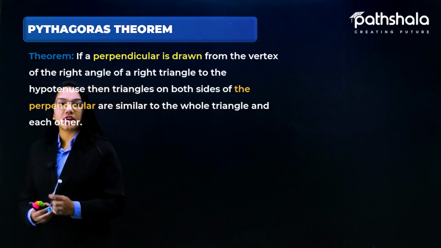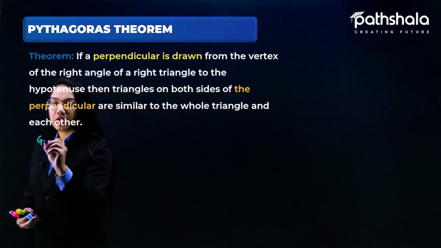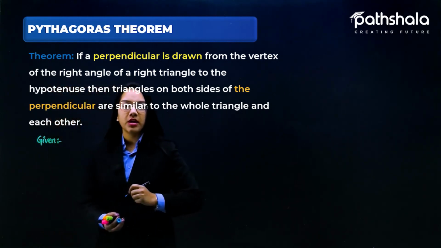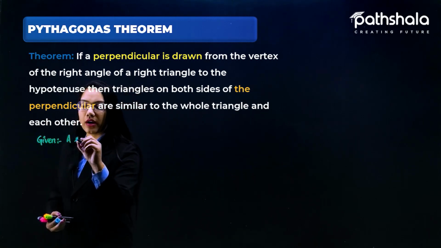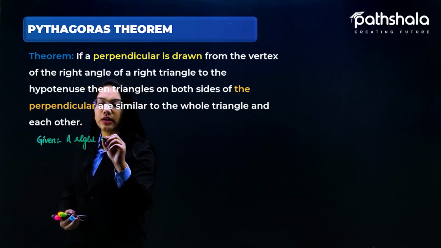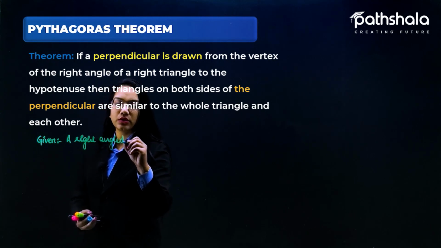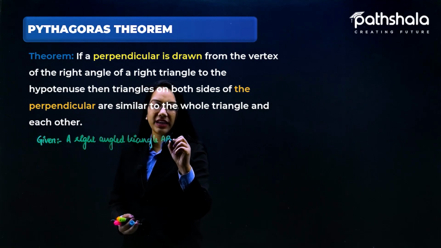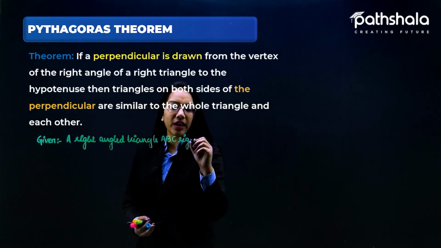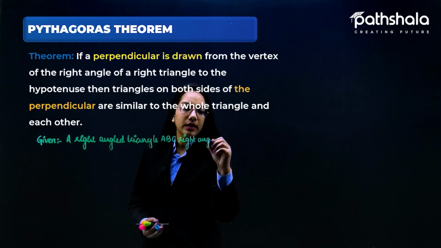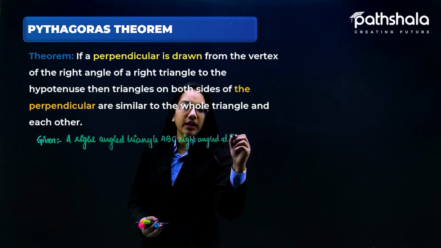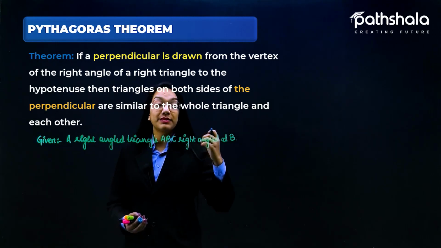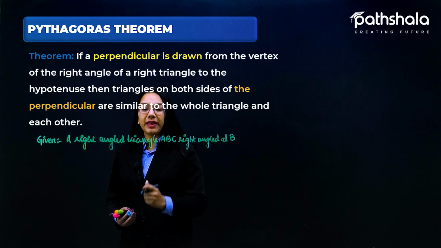As we can see over here, it is given to us that there is a right angle triangle. So let us suppose I'm starting with a right angled triangle ABC, right angled at B, that is, it is making a right angle at the B vertex.